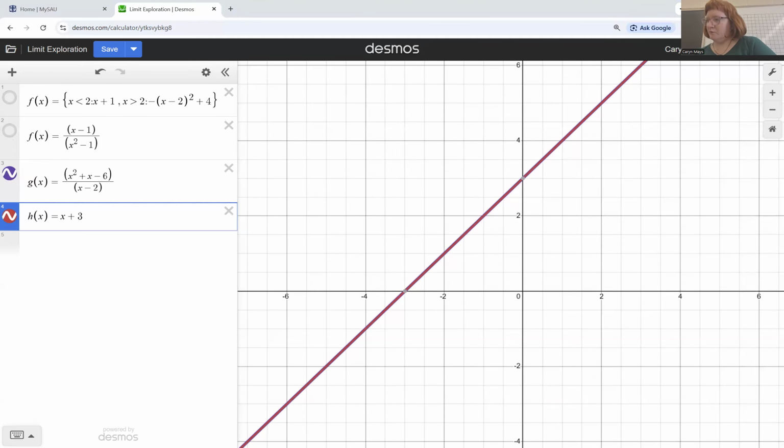When I look at my unit circle, what part of the coordinate does sine tell us? The y coordinate. Yes.